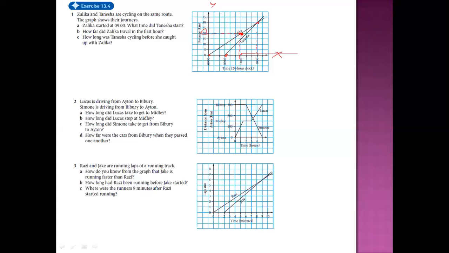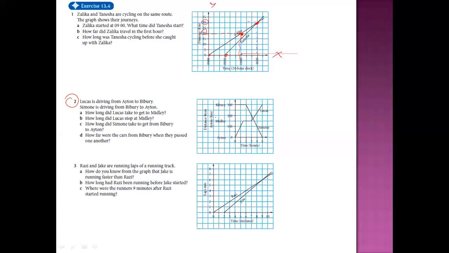Tanisha's and Zalika's journeys meet at the same point, which is 30 kilometers. After 1.5 hours for Zalika, or 1 hour for Tanisha, they'll meet at 30 kilometers.